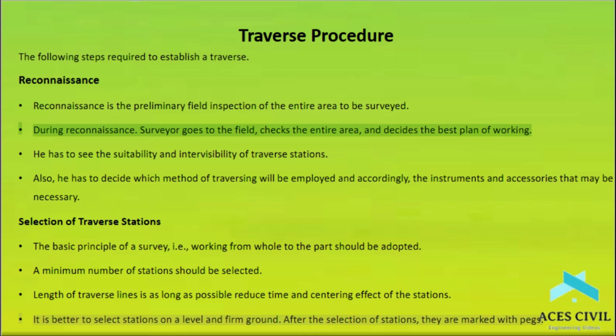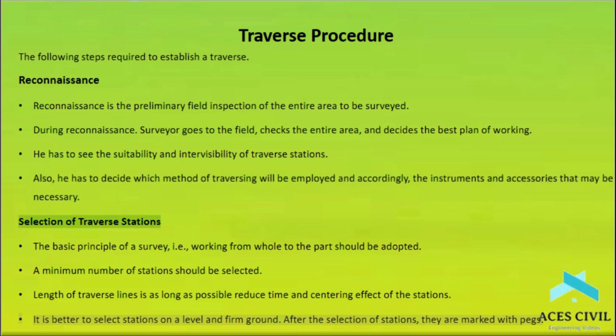During reconnaissance, the surveyor goes to the field, checks the entire area, and decides the best plan of working. He has to see the suitability and intervisibility of traverse stations. Also, he has to decide which method of traversing will be employed and accordingly, the instruments and accessories that may be necessary.